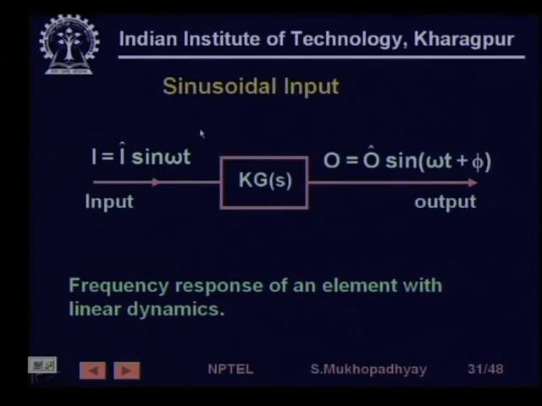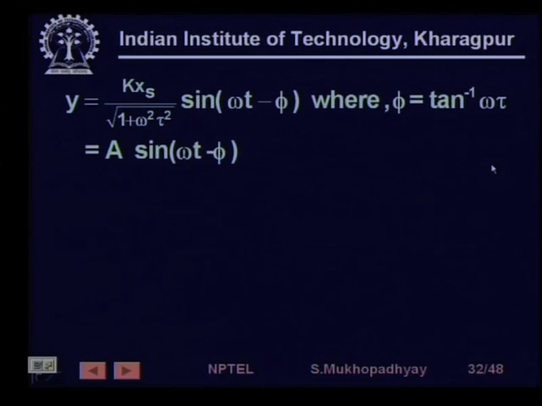So, we actually try to study two things. Since the frequency remains constant, it need not be studied, it is the input frequency itself, but the ratio between the output magnitude and the input magnitude, which we call the gain, and the phase lag. These are the two things that we typically characterize.